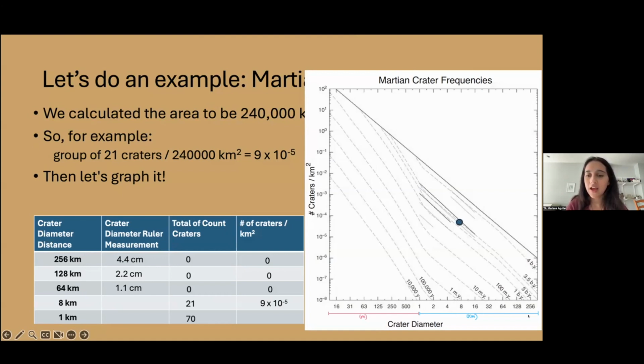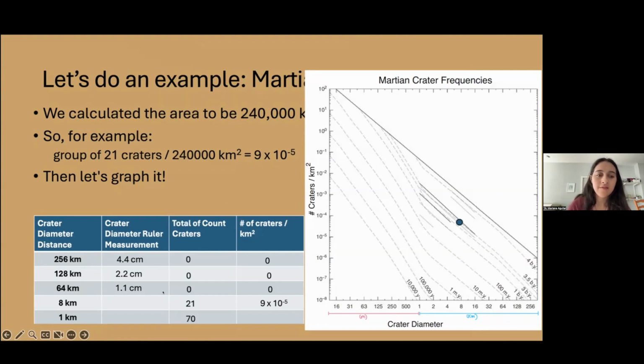On the x-axis are crater diameters in kilometers, and this is the number of craters per kilometer squared. Our x value is 8 kilometers, since this group of 21 craters is 8 kilometers. So we find 8 here, and our y value we calculated to be around 9 times 10 to the negative 5. The TAs can help you on this part, but it should go all the way up here and be graphed in this region.